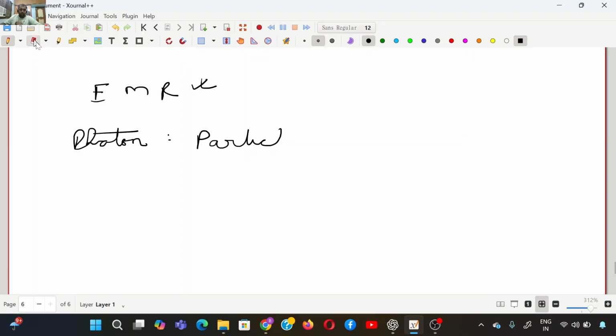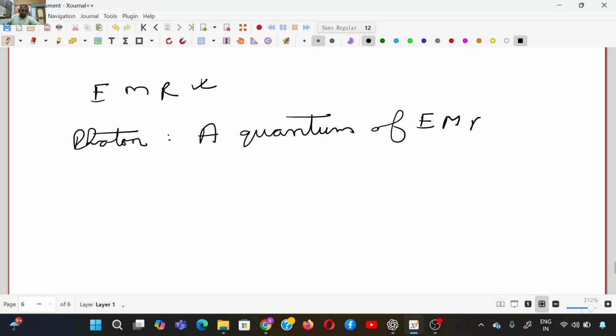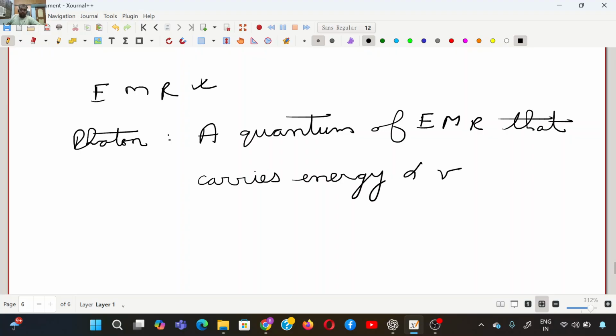I'll use a more technical term now: a quantum of electromagnetic radiation that carries energy proportional to its frequency.